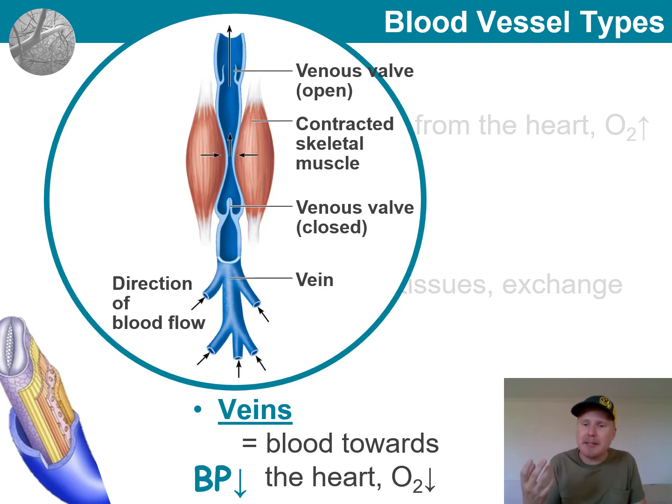And this happens by skeletal muscles squeezing our veins every now and then. In fact, whenever we move a little, the veins get squashed. Remember, they have thin walls and we're not that elastic. As a result, the blood gets squashed up towards the only direction that it can go, as determined by the valves. So every time that we move, we are squeezing some more blood back in the direction of the heart.